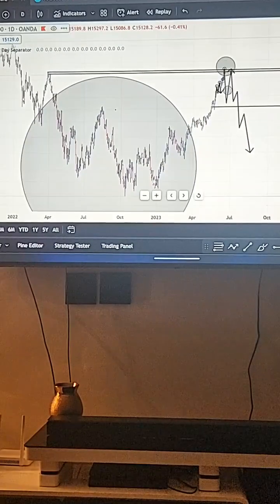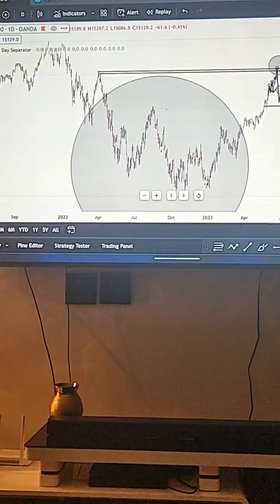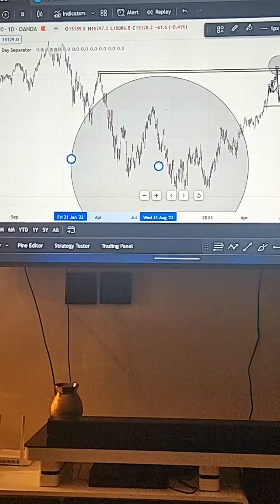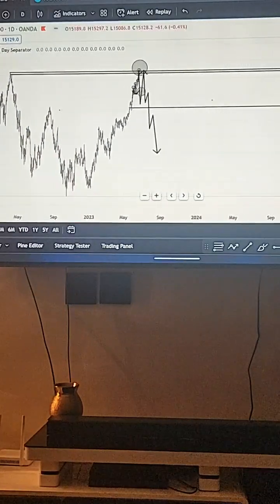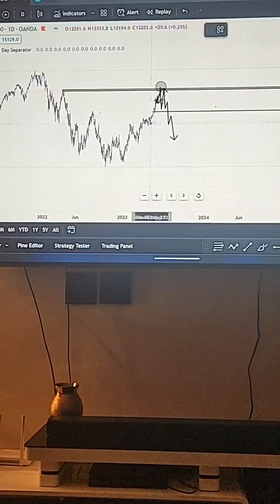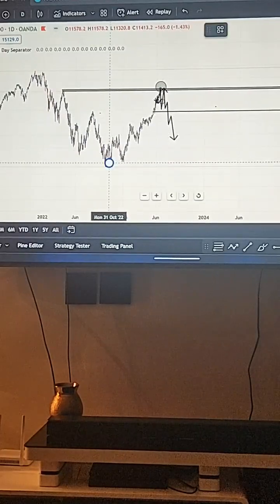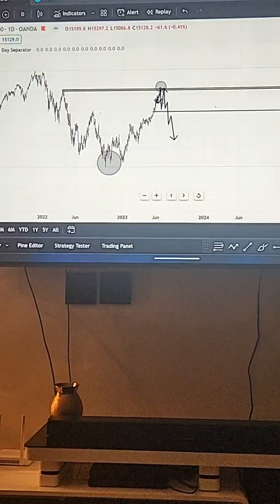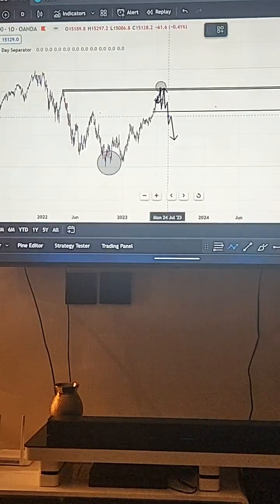Maybe once they're done trapping who they needed to trap down here, let's say price continues going lower.